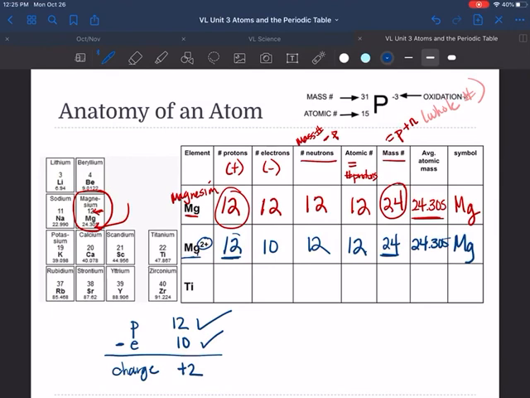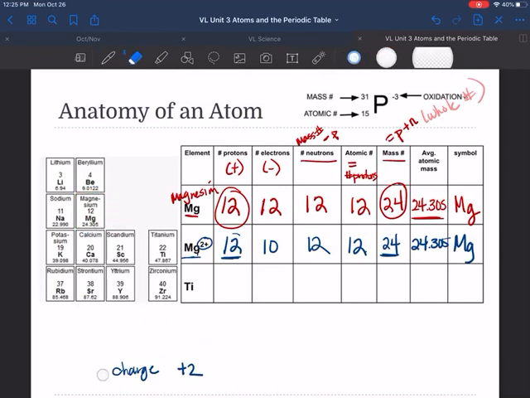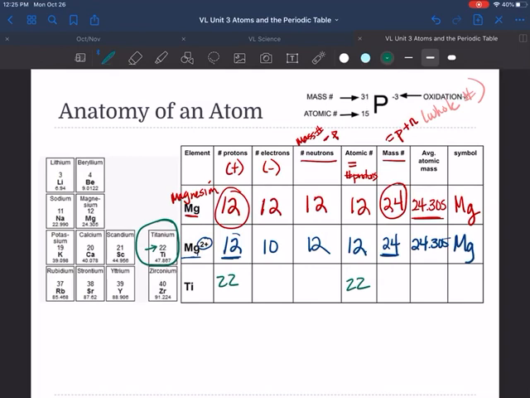Last, let's look at this titanium here. Titanium. Let's do some erasing. And let's pick green. Titanium is right here on this section of the periodic table. So we can do the easy things first. Number of protons. That's that 22 atomic number. So a proton number and atomic number are the same thing.